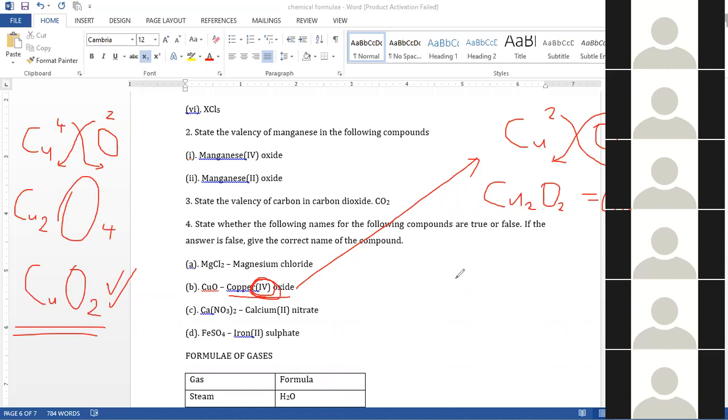I thought the answer would be magnesium chloride because magnesium doesn't have another valency. Okay, thank you. So number 1, yes, magnesium chloride, we finished it and perfect. Do you want to talk about another number?